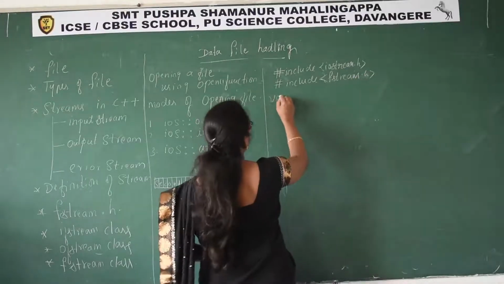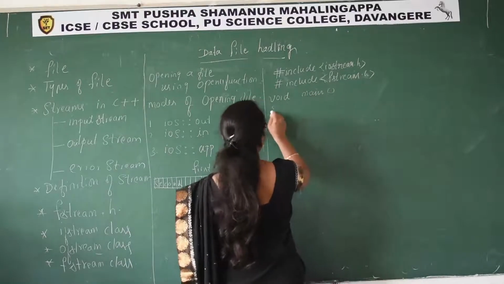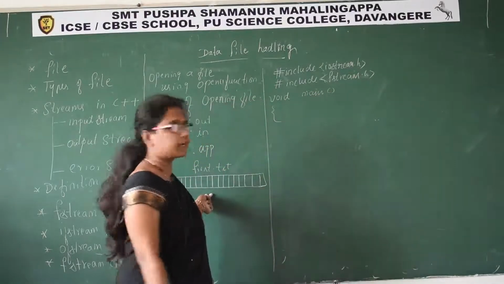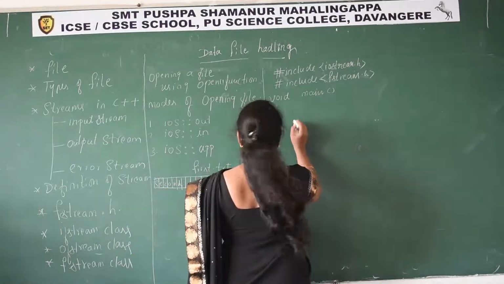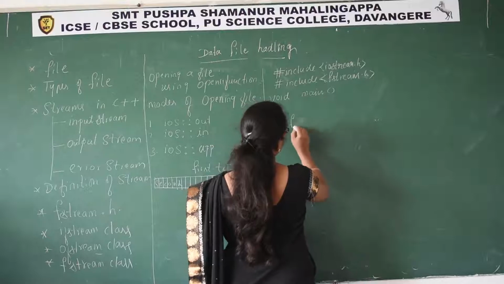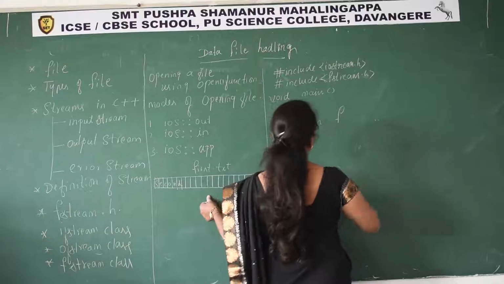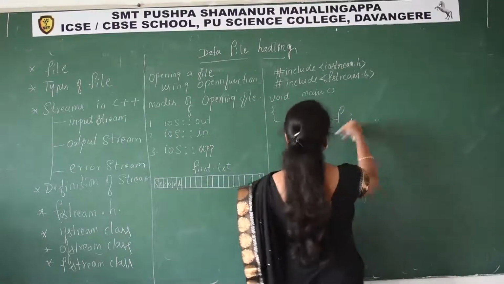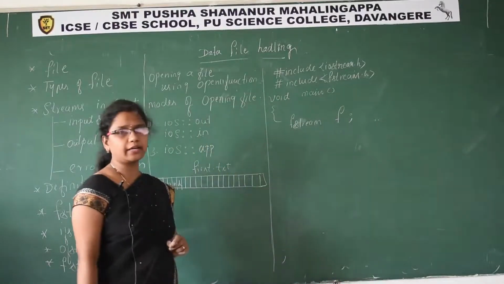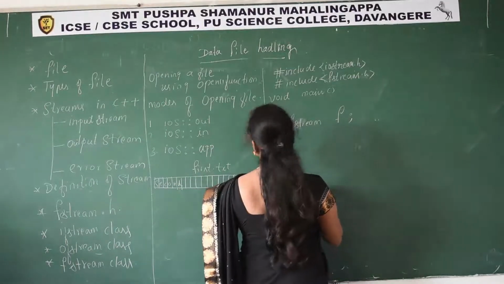Now void main. Now I open the file first.txt. First I have to create the object. I'll take the fstream class and the object name is f. So it supports both read and write operation. Now I have to mention the mode here.